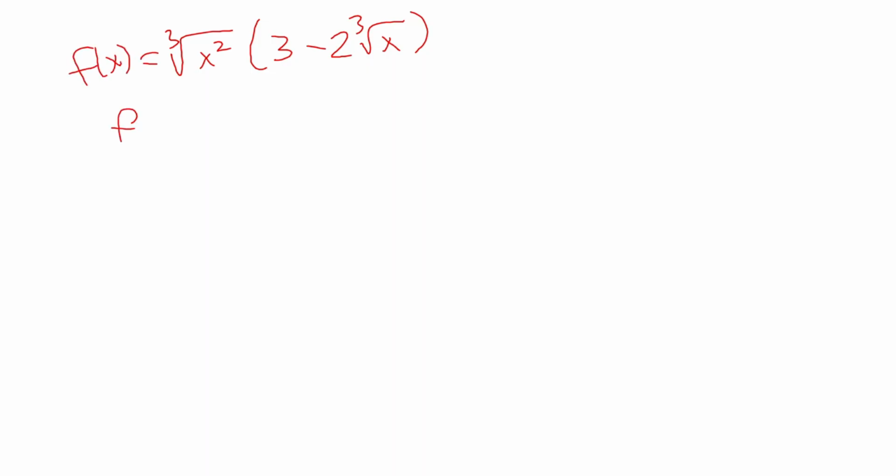So we had the cube root of x squared times 3 minus 2 cube roots of x. That was what f of x equaled. I don't want to take the derivative in that form. I'm going to distribute this out first. So cube root of x squared is x to the 2/3. So that's going to be 3x to the 2/3.